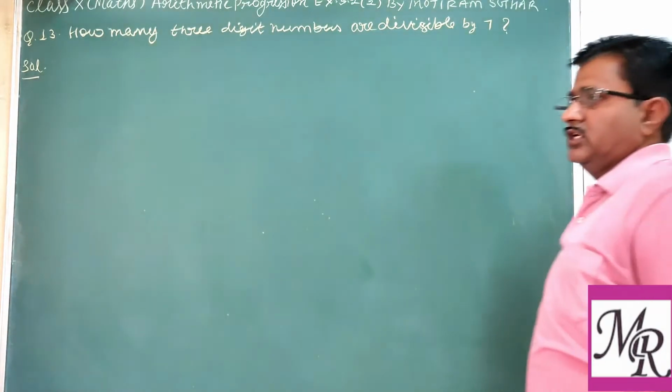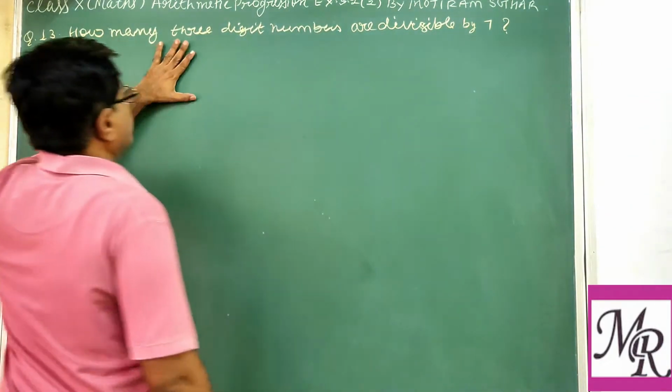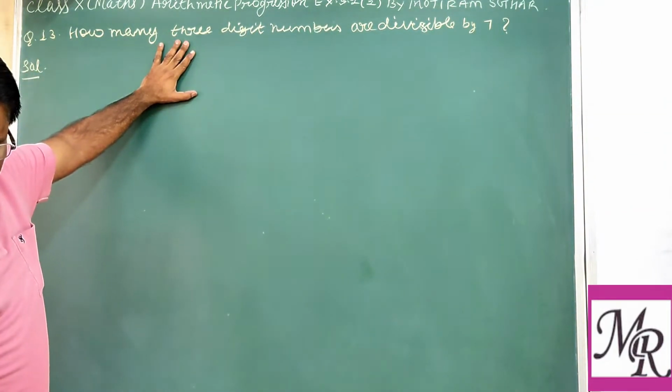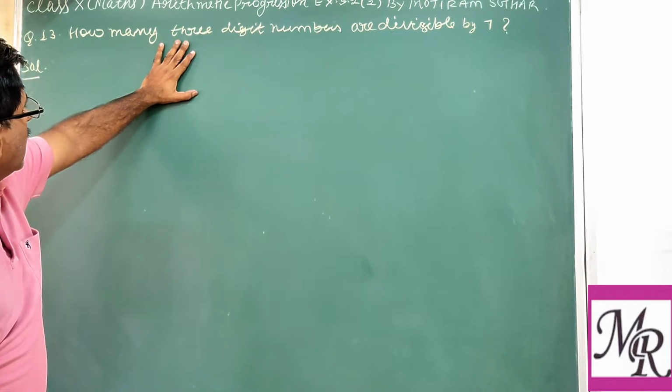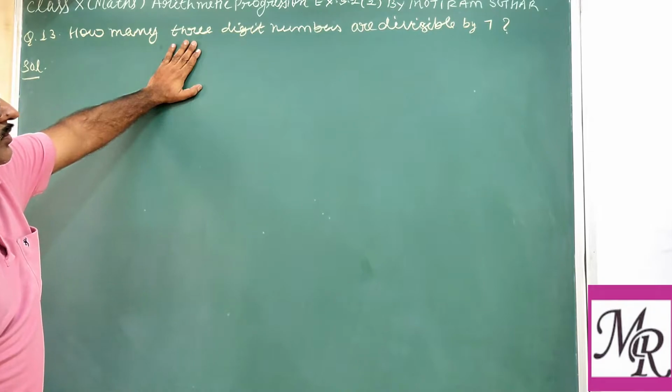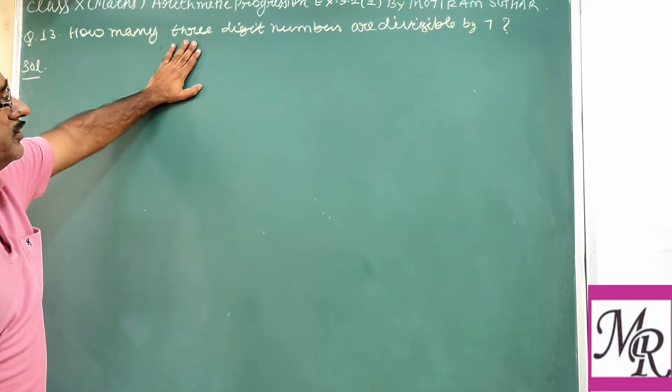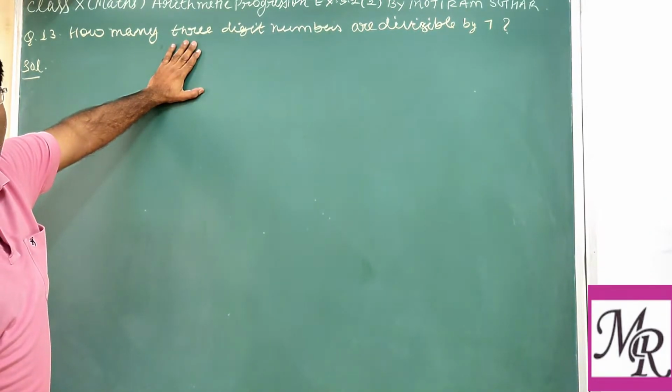Next, dear students, say how many 3-digit numbers are divisible by 7? So we have to check 3-digit numbers which are divisible by 7.